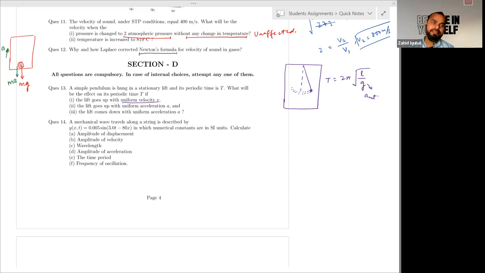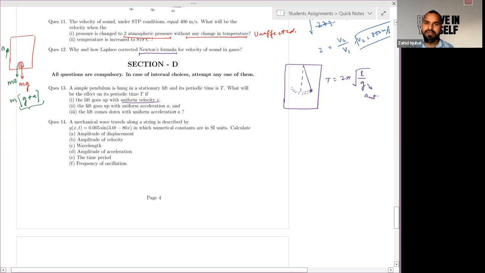So in this part, since the lift is accelerating upward, the net force experienced by this particular block will be m times g plus a. The acceleration of this body will be g plus a. So just remember, if the system is accelerating upward, the net acceleration on the body will be downward as g plus a.